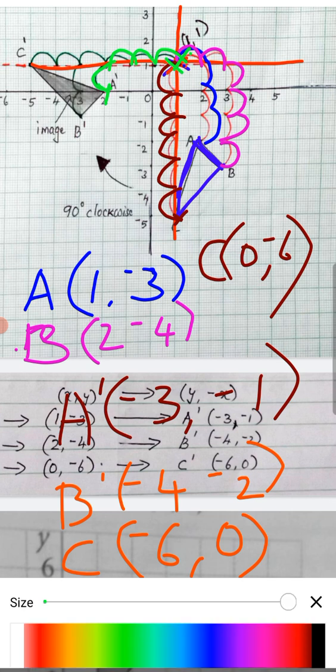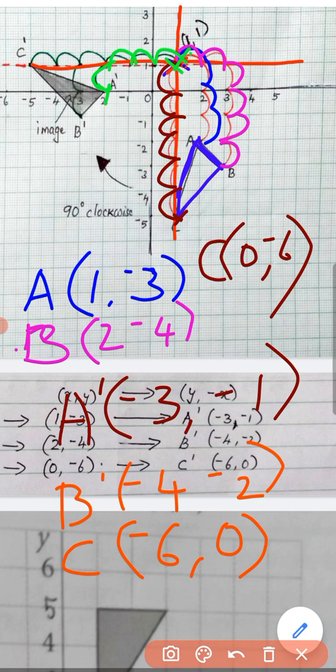Now find the next coordinate, that is B. B is 2, -4. So children, start from here, from this point. Sorry children, B is -4, -2. -4 means 4 units to the left side.